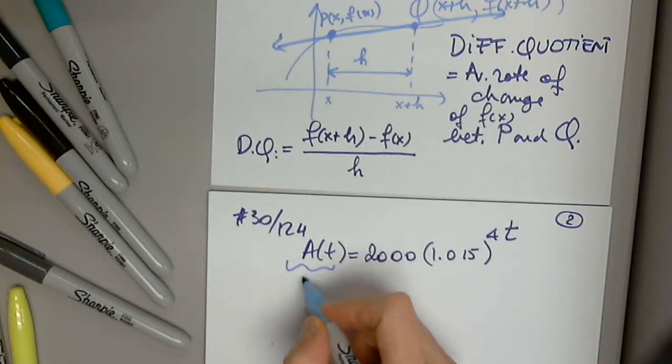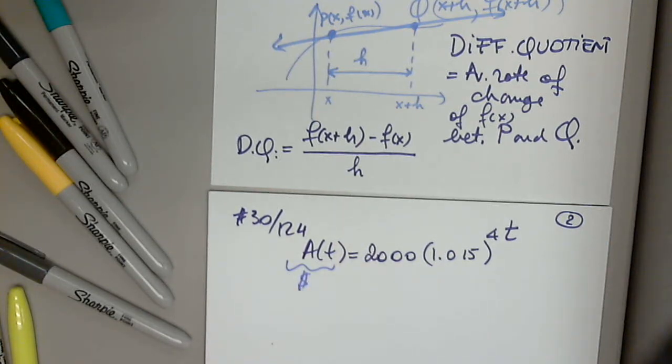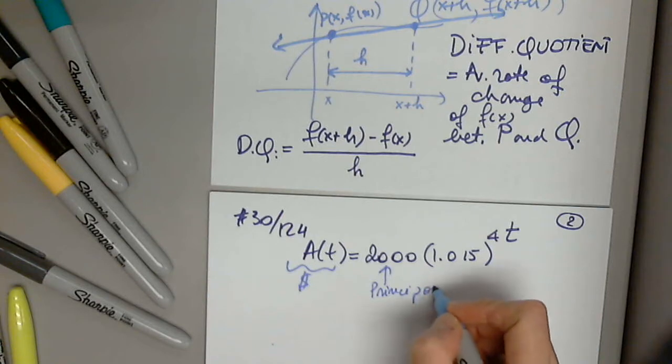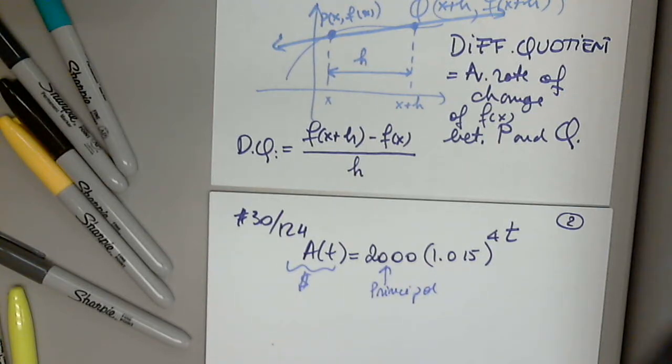So this is the amount of money. 6% is the interest rate, fine. Compounded quarterly for t years when an initial investment, so this is the principal. They already did the calculation for us in parentheses.